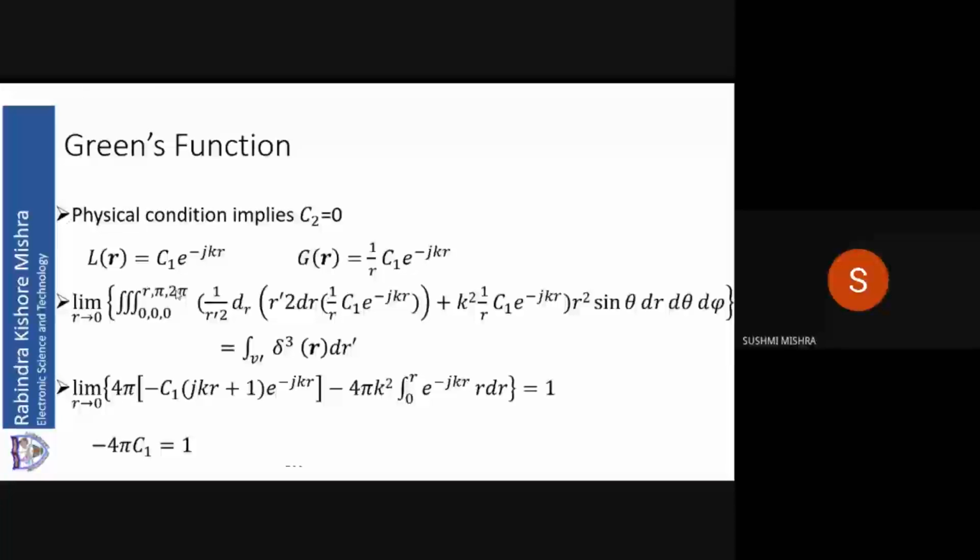4 pi into minus c1 jkr, as r goes to 0, that is 0. Then e to the power minus jkr, as r goes to 0, is equal to 1.